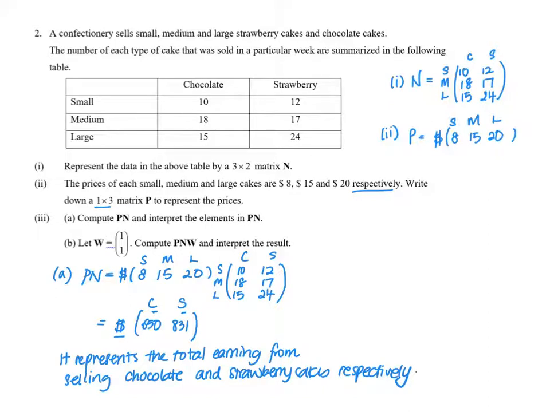So remember to key in the keywords. We have the total earnings, the columns are strawberry and chocolate, and the keyword respectively.